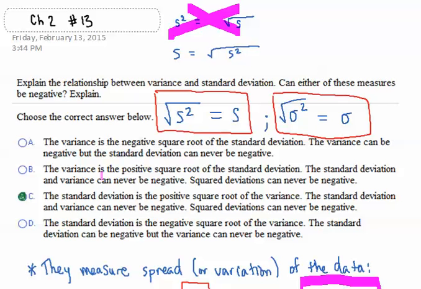The notation gives it away. The notation already says that variance is s squared, standard deviation is s. So if you want to know which way to go with the square root, you square root the variance to get the standard deviation.